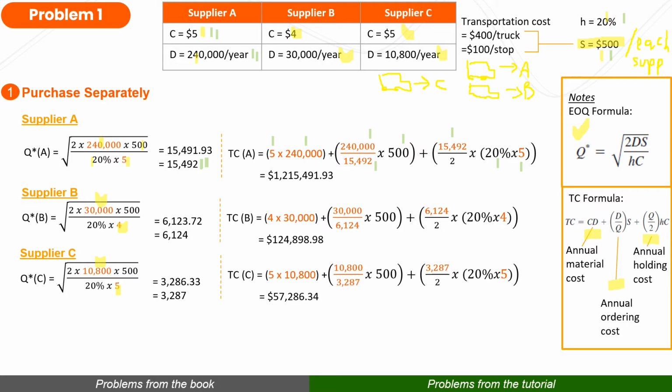That is the total cost from supplier A plus total cost from supplier B plus total cost from supplier C. And we get the total cost is 1,397,677.25. And then later we will compare it to when we purchase aggregately.